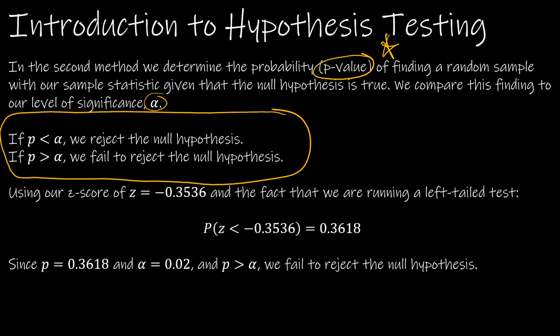Now let me just sort of bring it back to our coin question again. Remember I said, let's pretend that I should get 0.5 for the percentage of heads I get, 50% heads. And I end up getting 72% heads. Well, if I do all of the work and find a p-value, that p-value is going to be super duper small.